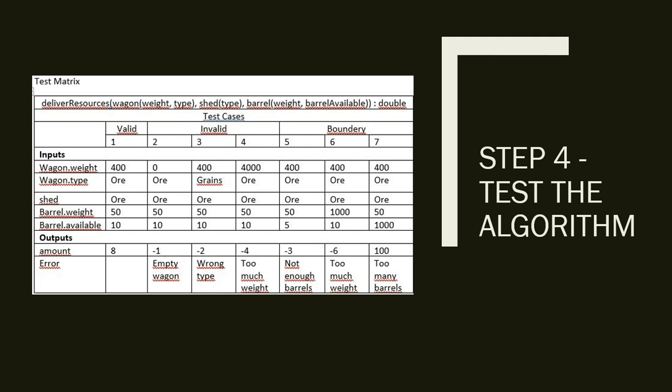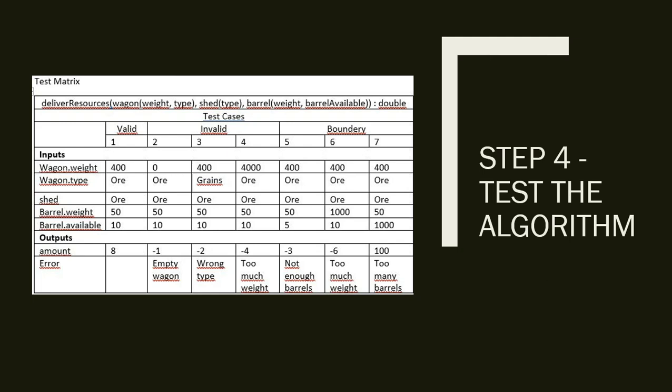Another invalid case is where we have a different type of wagon which contains grains and may have the same wagon weight as that of the ore, which is 400, as we can see in the fourth column under invalid. That's number 3 in the fourth column under invalid.